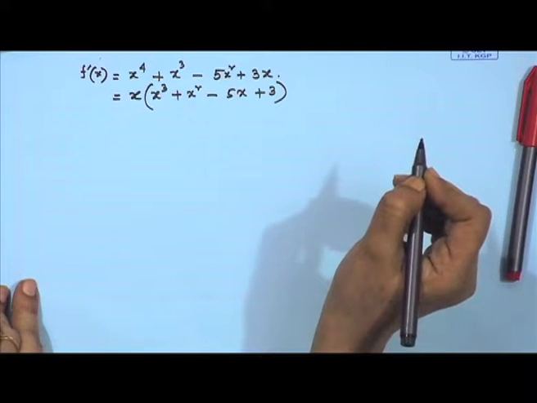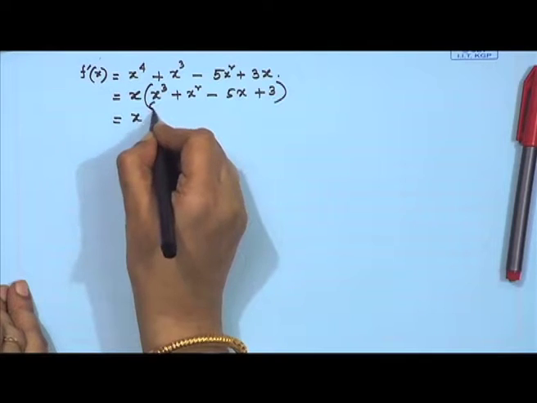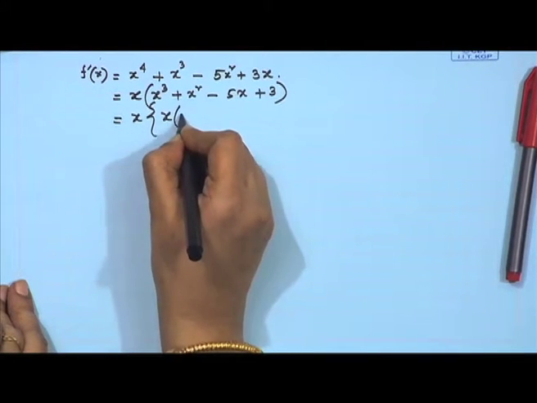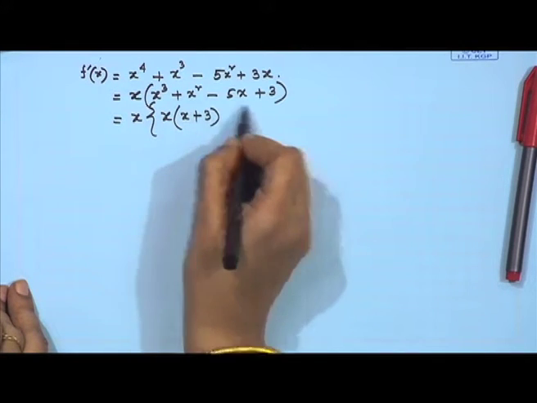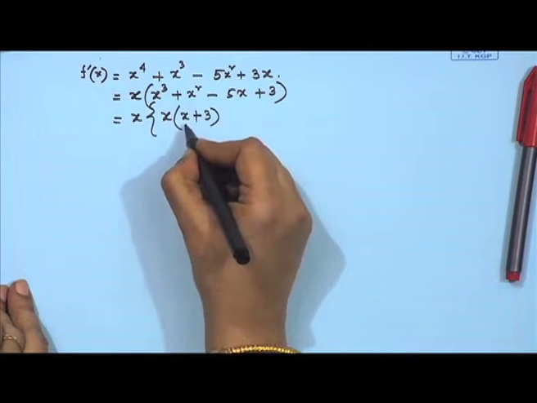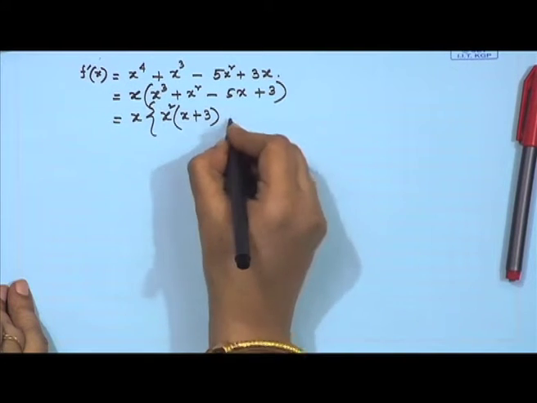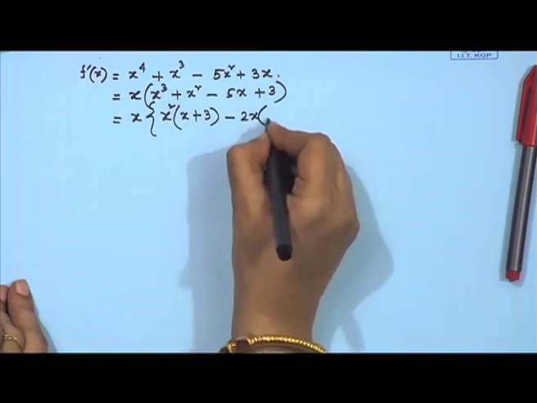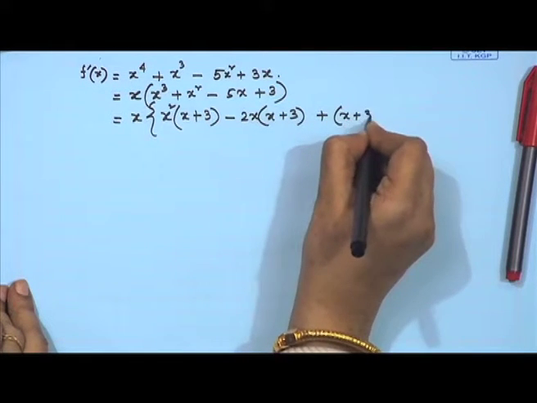Now, for this, minus 3 must be one of the roots, that is why let me consider minus 3 as one of the roots. Then x plus 3 must be a factor of it. Dividing, we get x square, x plus 3, then x cube plus 3x square, minus 2x, x plus 3, plus x plus 3.